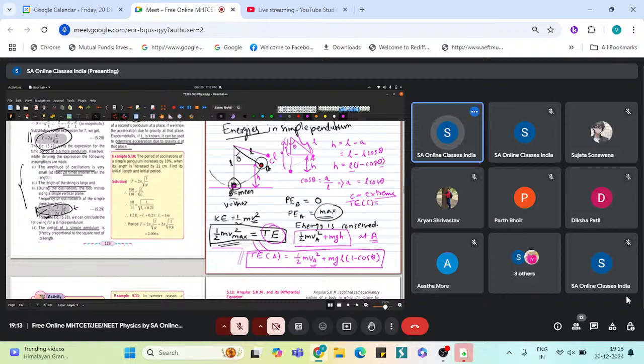And then theta will become the maximum value it can become, because this is the extreme position, so theta becomes theta max, the maximum angular coverage the pendulum has. Wait, that should not happen.